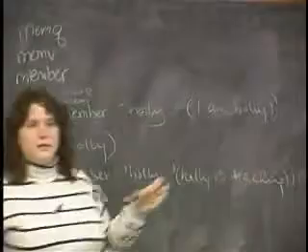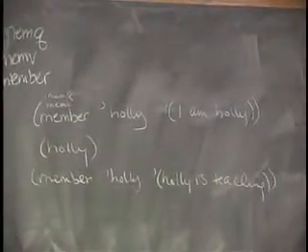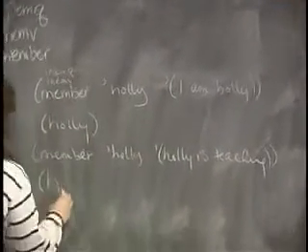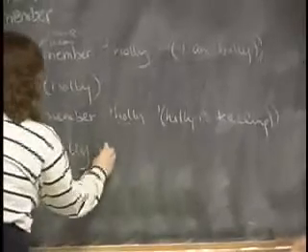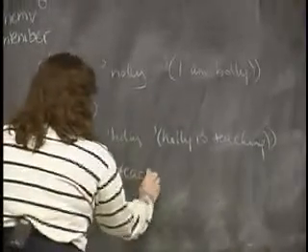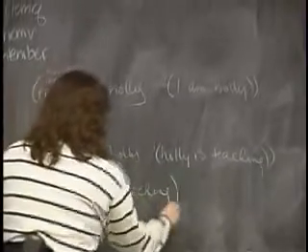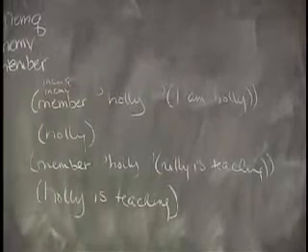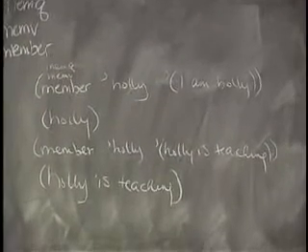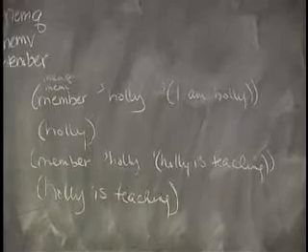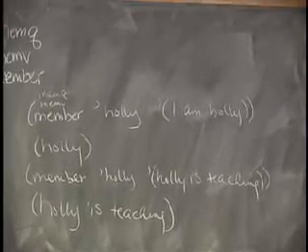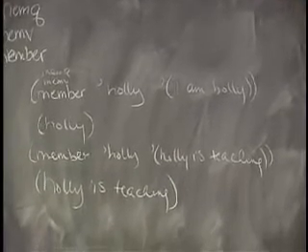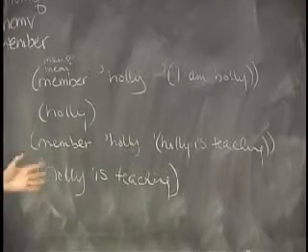It will find it here, and it returns the list in which that is the car, which means it's going to return Holly is teaching. So this is a way to find if something is in a list. It only finds the first instance of it in the list, and it returns the list that has that as the beginning of the list.